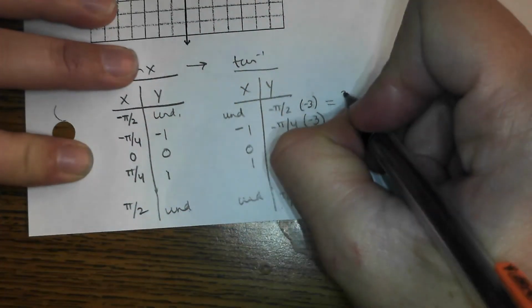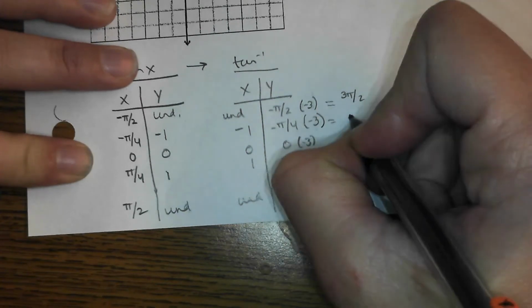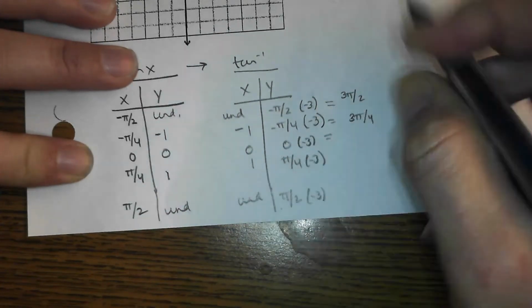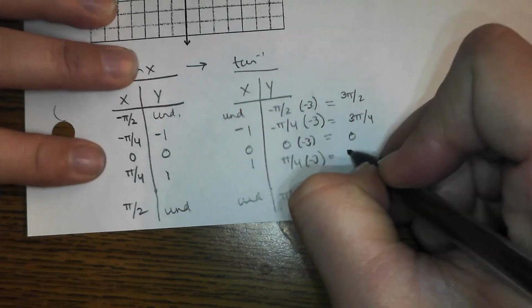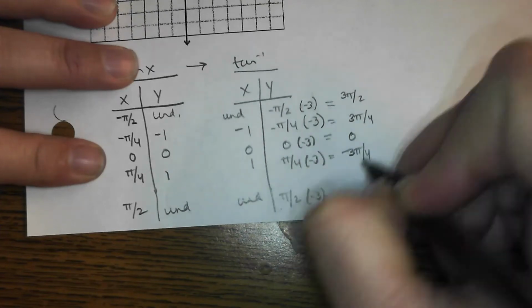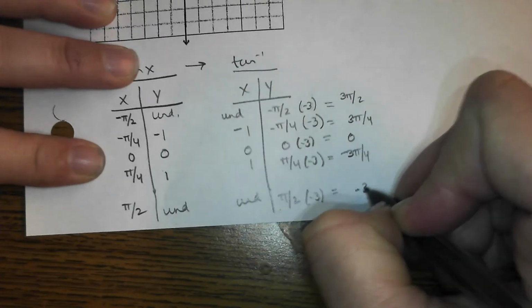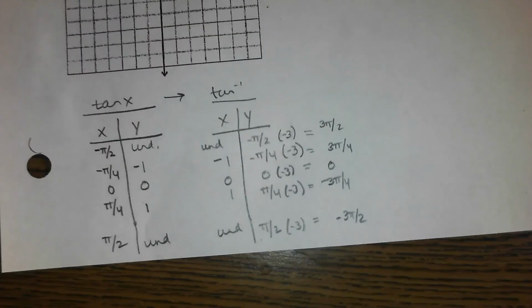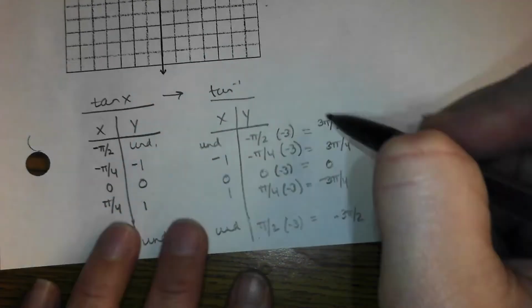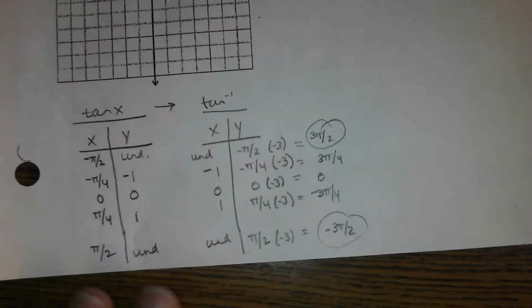So this first one, it becomes 3 pi over 2. Then we have 3 pi over 4. Then we have 0, negative 3 pi over 4, and negative 3 pi over 2. So we now have asymptotes at y coordinates of 3 pi over 2 and negative 3 pi over 2.